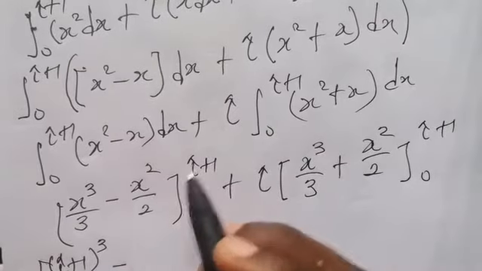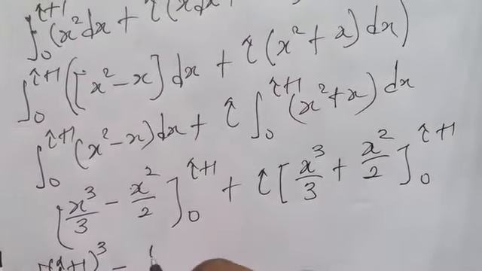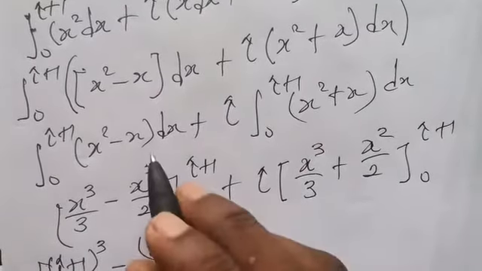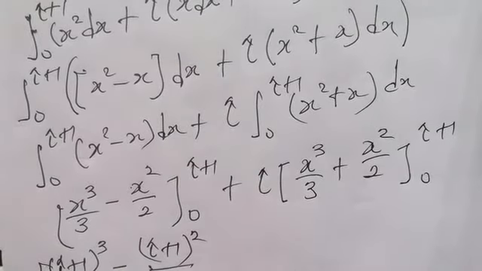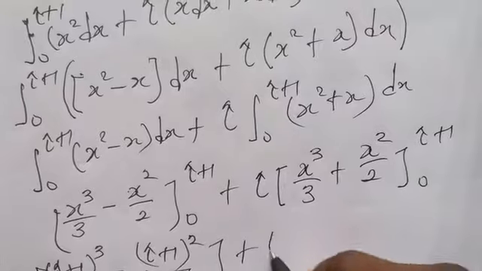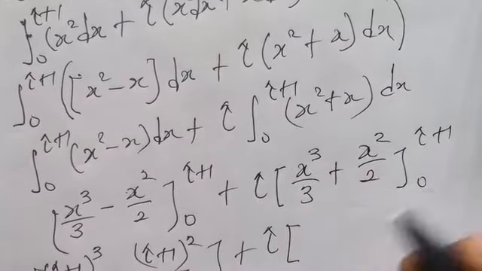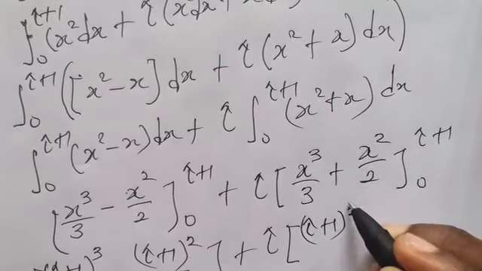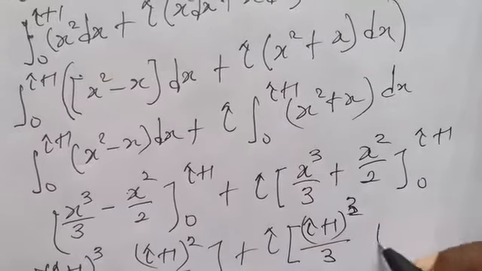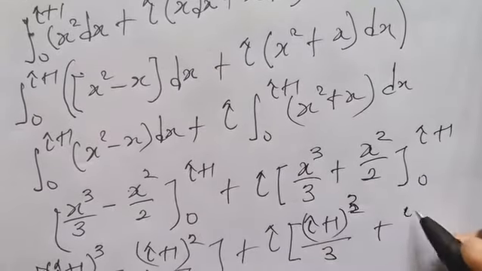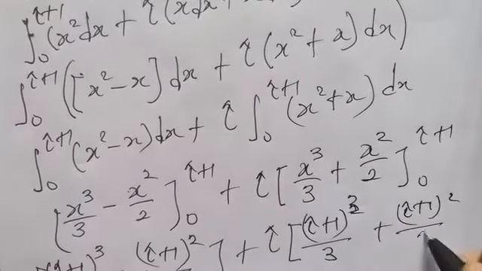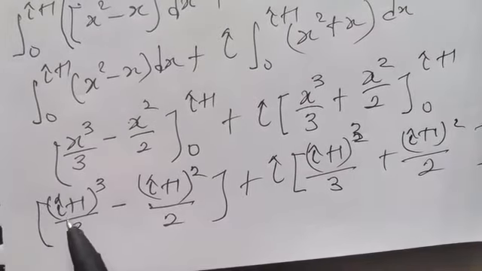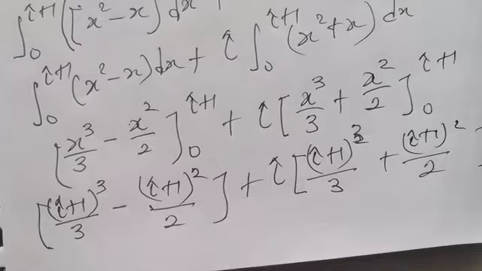Minus same thing here, in place of x squared, upper limit is i plus 1 all squared, minus lower limit 0 to the power of 2, which remains 0, so we can neglect that, all over 2. Plus i into, same thing happens here, upper limit minus lower limit: i plus 1 all cubed all over 3, plus, in place of x squared, also i plus 1 all squared all over 2. So all we need to do now is expand i plus 1 cubed and expand i plus 1 squared.